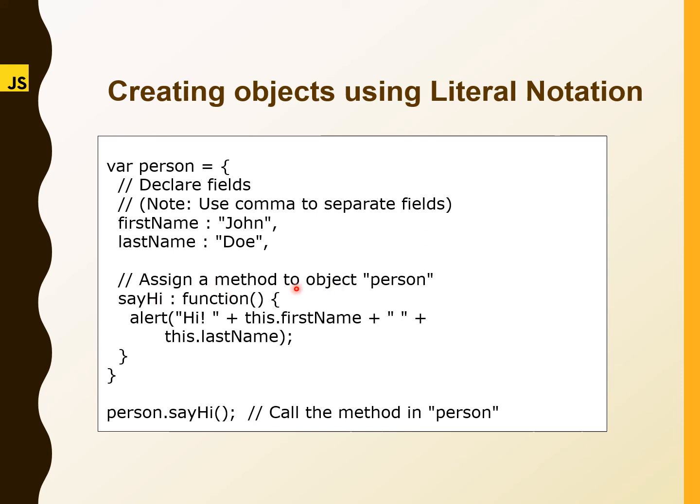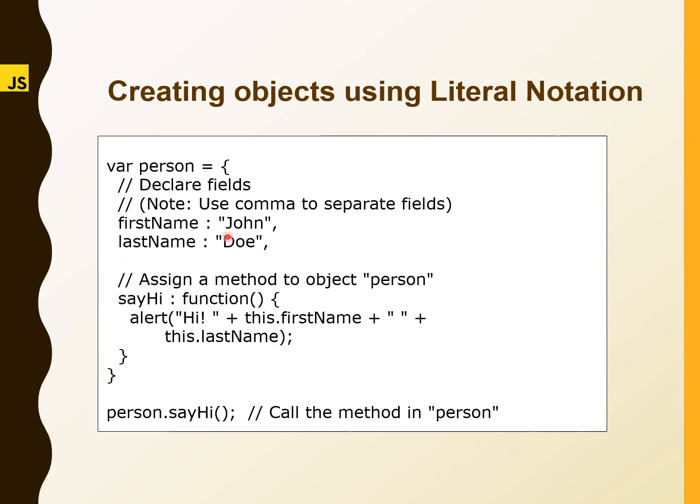Then a block follows with the statements belonging to the function sayHi. Here inside the function definition an alert statement contains Hi this.firstName space this.lastName. Then the function is closed and the variable declaration is closed.